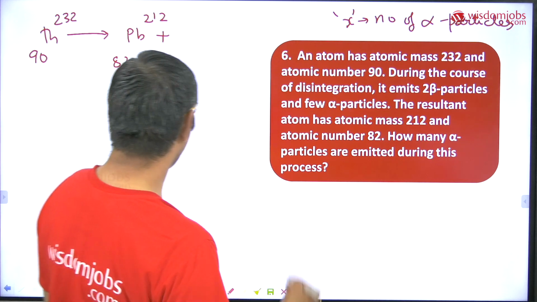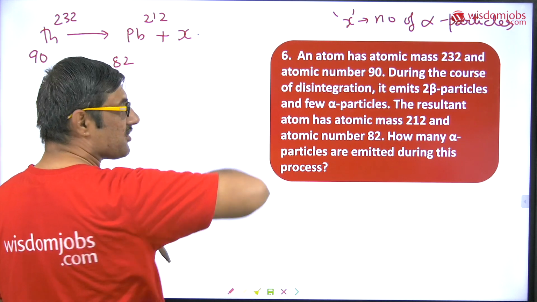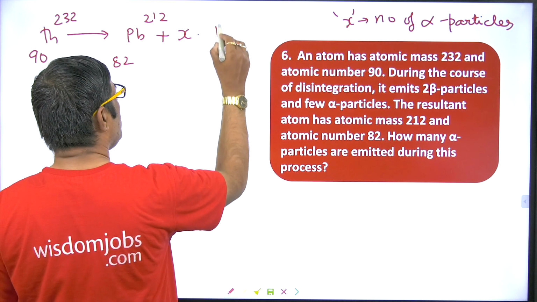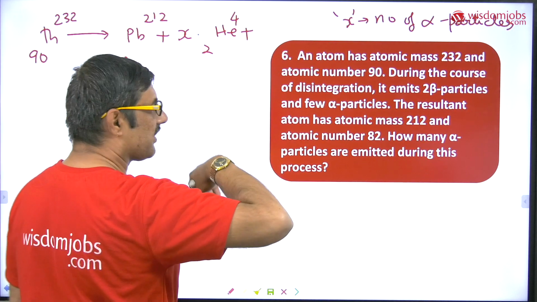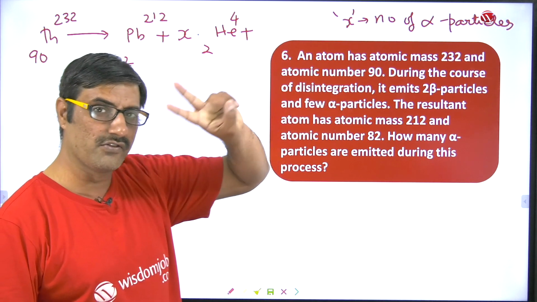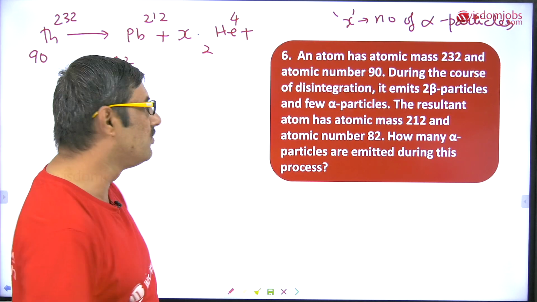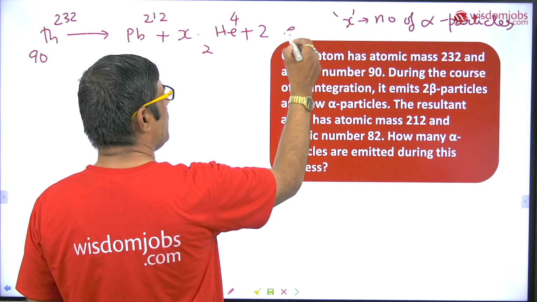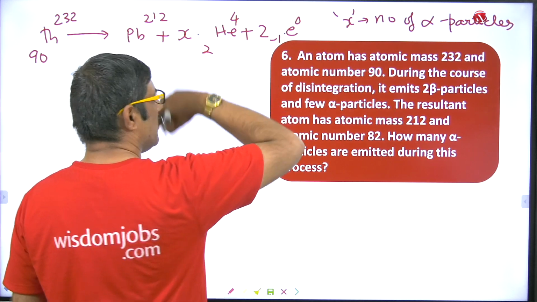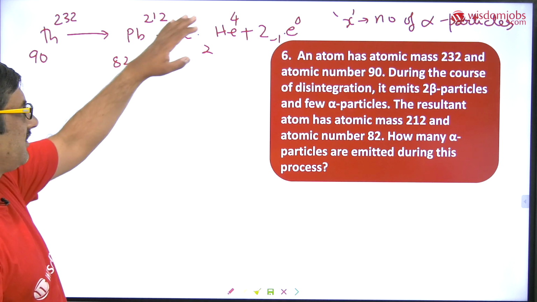So x into, what is the representation of an alpha particle? It is helium 2 4. Plus beta particles: it emits 2 beta particles, so 2 into, what is the representation of beta? It is e minus 1 0, right? Now this is the disintegration equation.